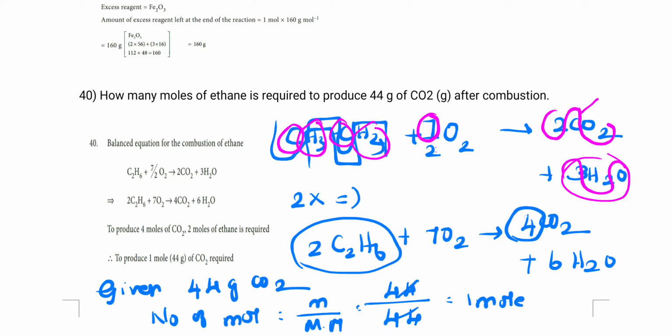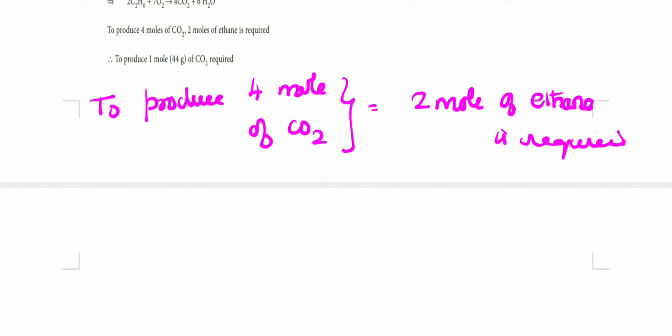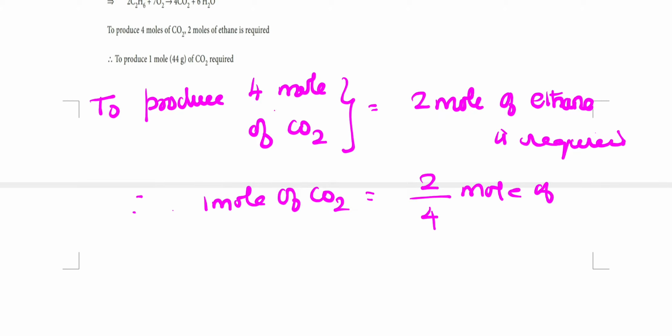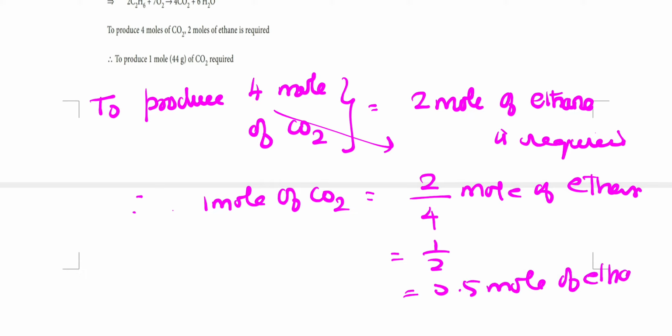Okay, now what we are going to do is relate the carbon dioxide with the ethane. To produce 4 moles of carbon dioxide, 2 moles of ethane are required. Therefore, to produce 1 mole of carbon dioxide, how many moles of ethane are needed? 2/4 mole of ethane is required, because I cross multiplied this 4 here. So 2/4 is 1/2, that is nothing but 0.5 moles of ethane is required.